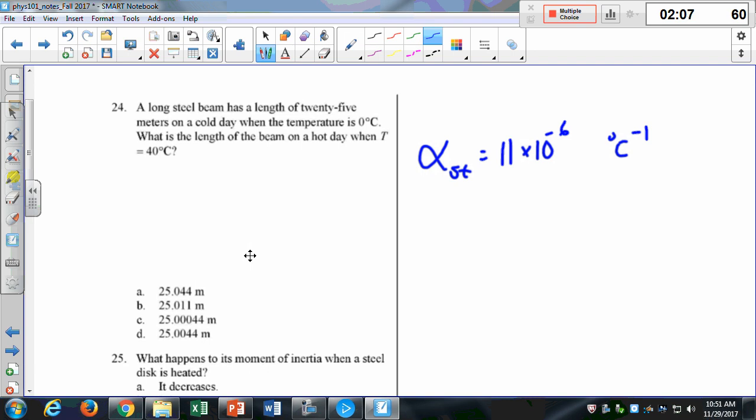On these, it's really just picking out what the numbers are and knowing how to apply the equation. Let's stop in about 5 or 10 seconds. Stop at 225.